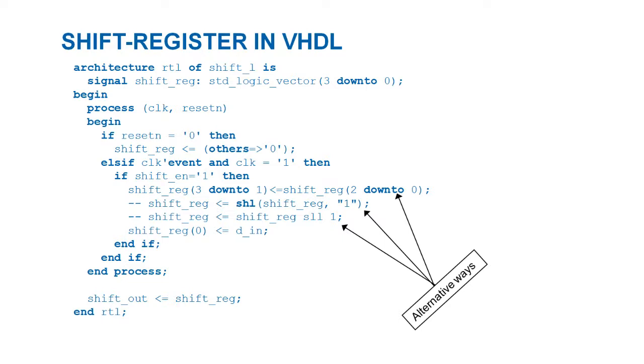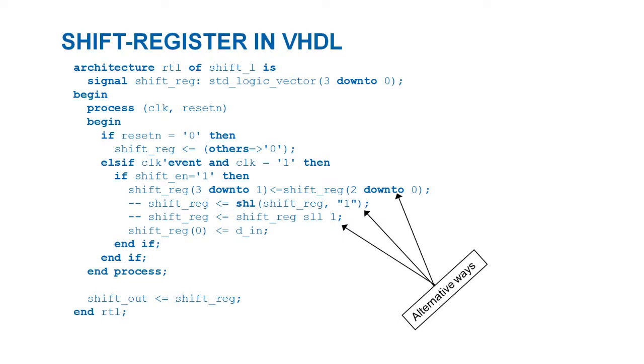It's called SLL, shift left logic, which shifts the operand to the left by the number of steps defined by the operand to the right. So now I have shift_reg SLL 1.